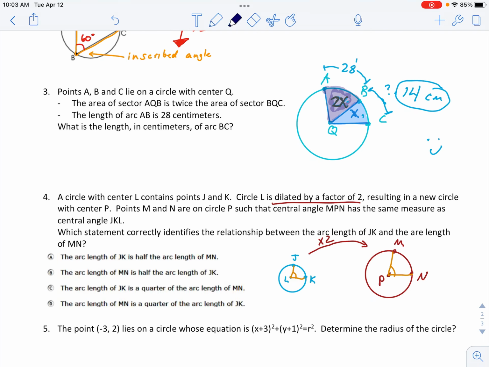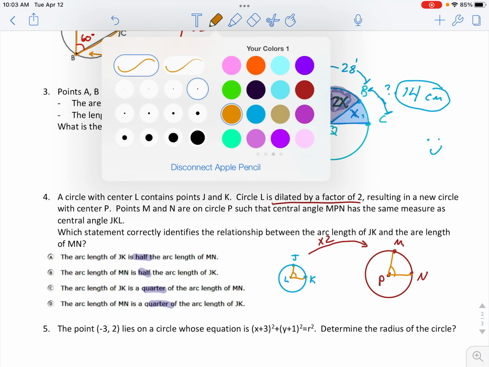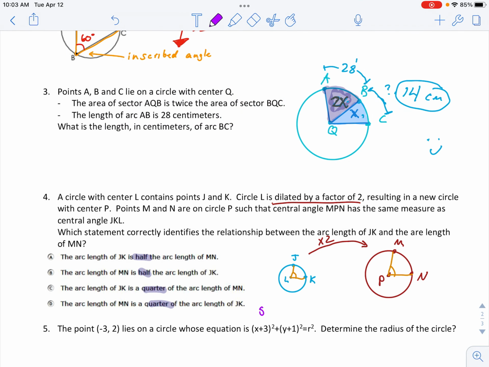If we read through all these half, half, quarter, quarter, well, we know that the scale factor is 2. So we can exit out anything with a quarter. That just doesn't make sense. It's going to have to be with a half. Something's half the length of the other one.